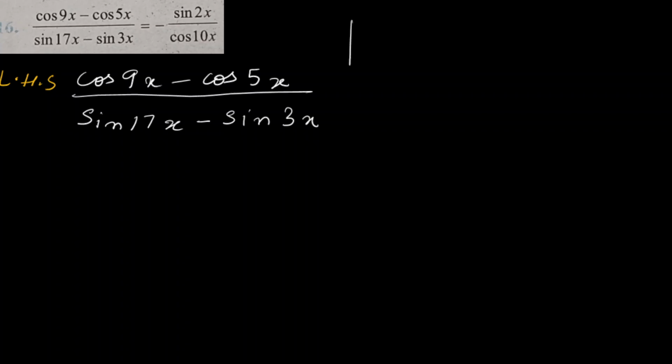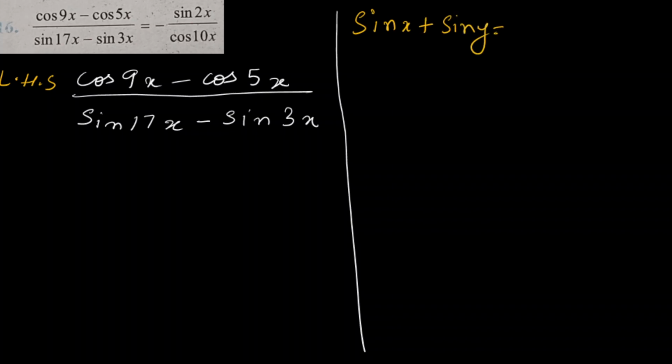Four formulas of this type we have done. All four I am going to write here. I'm going to start with the sine one. Sine x plus sine y equals 2 sine (x plus y) by 2 into cos (x minus y) by 2. Sine will always give us a combination of sine and cos, and plus means sine comes at front.